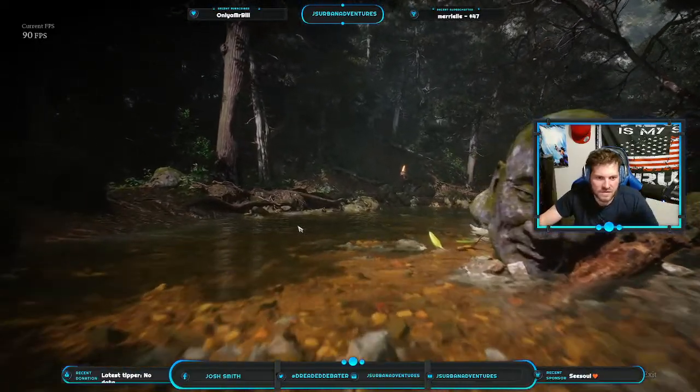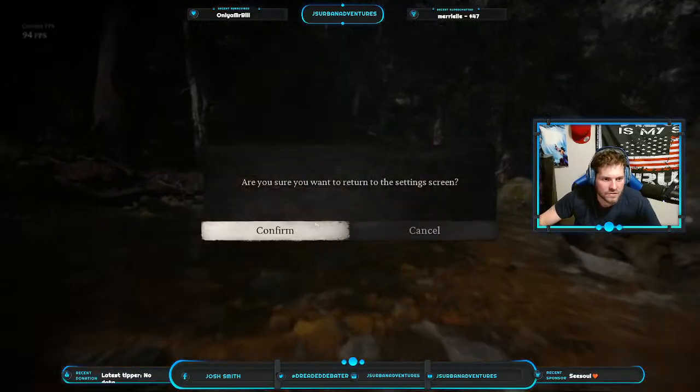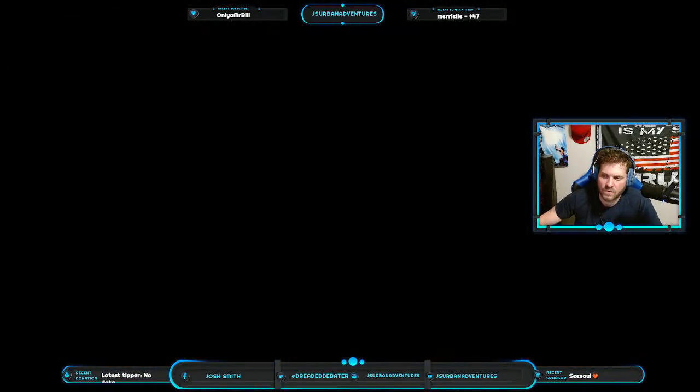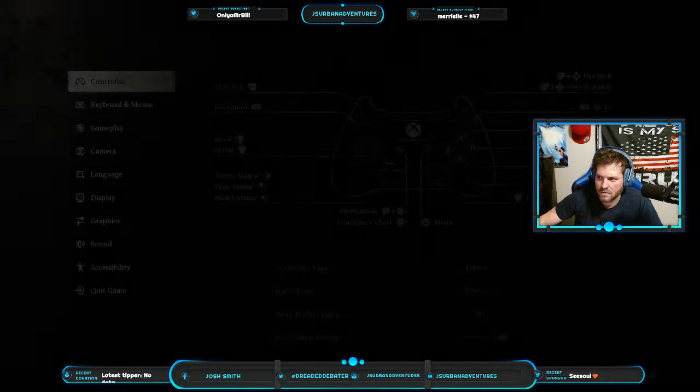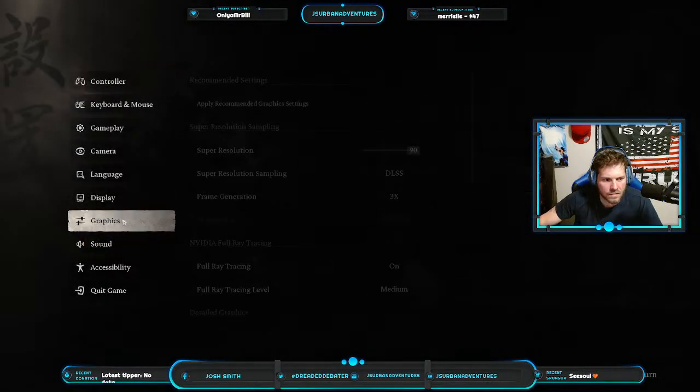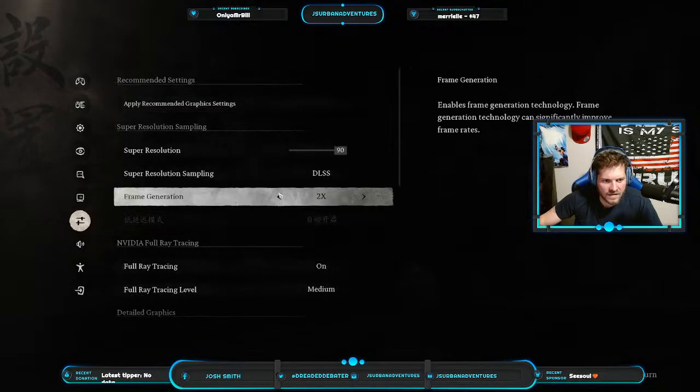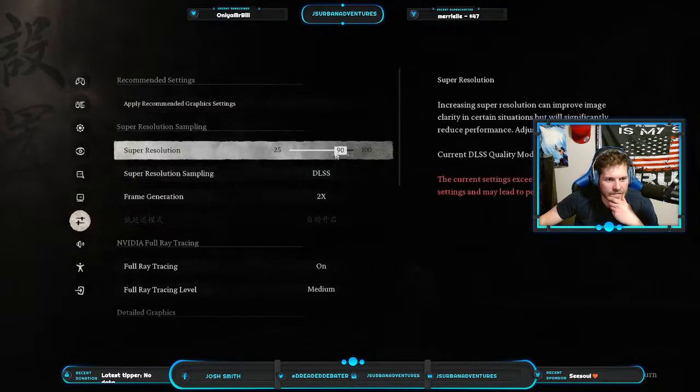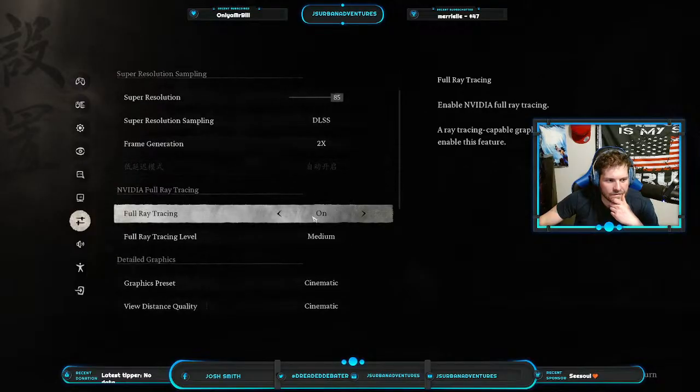I'm gonna try something. I'm gonna take the ray tracing down a bit. I'm gonna take this down to 2x. Resolution down to 85.